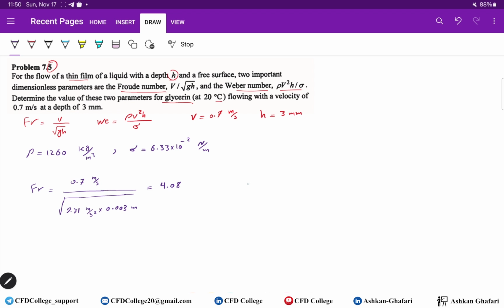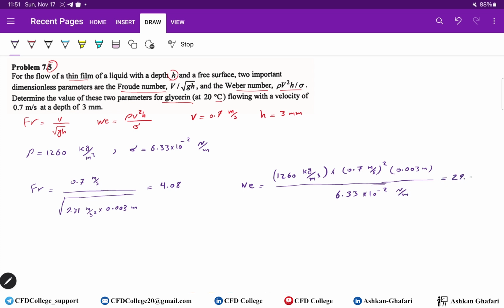And the Weber number equals rho, 1260 kilograms per cubic meter, times velocity, 0.7 meters per second squared, times h, 0.003 meters, divided by sigma, the surface tension, 6.33 times 10 to the minus 2 Newton per meter.